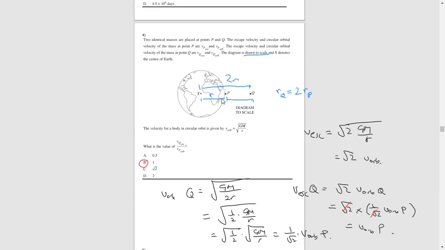As we've discussed before, the further out you go, the orbital velocity decreases. So Q has a lower orbital velocity and escape velocity because it's further out.